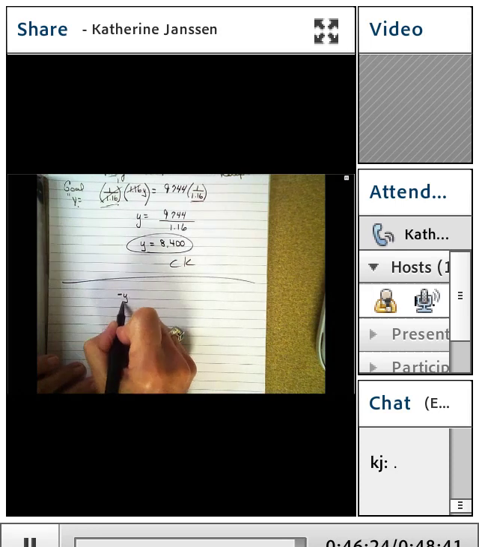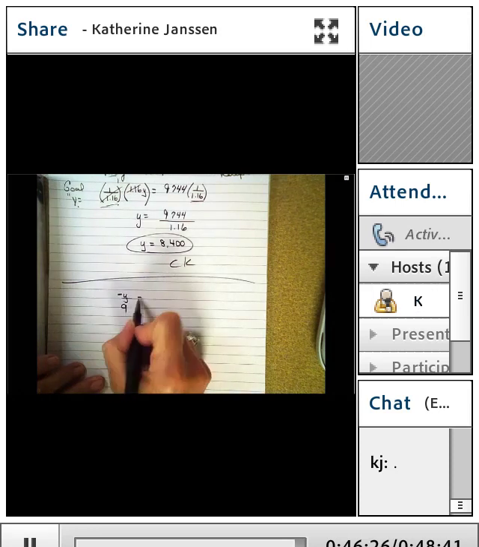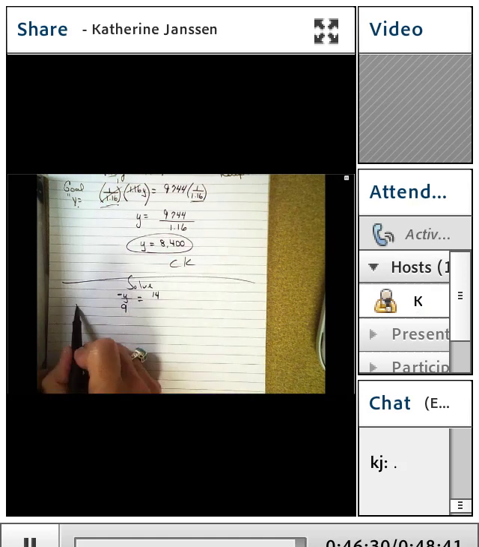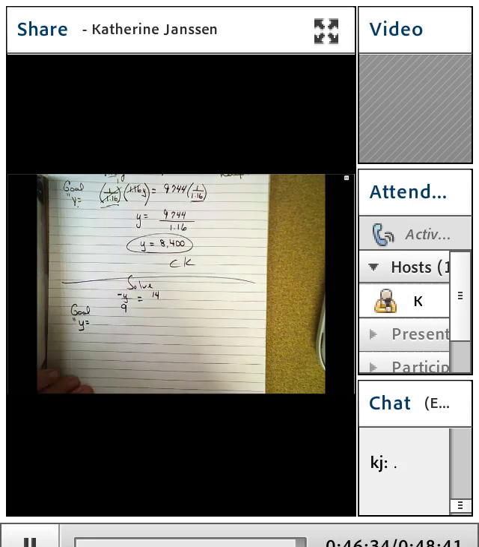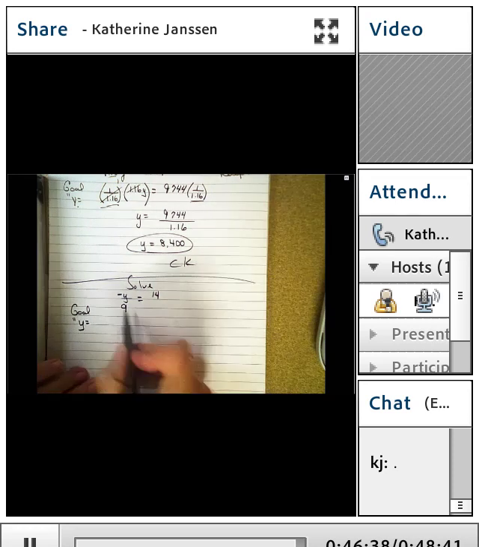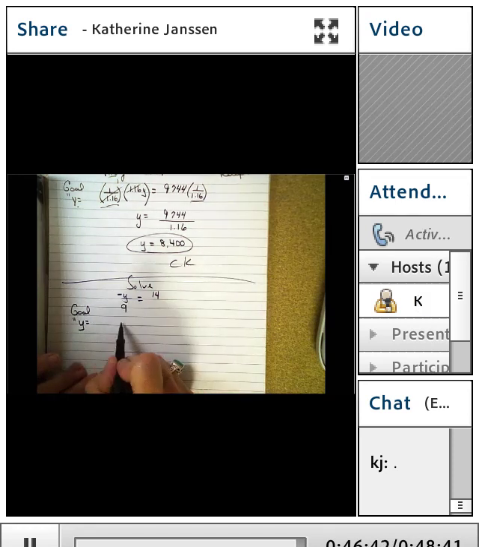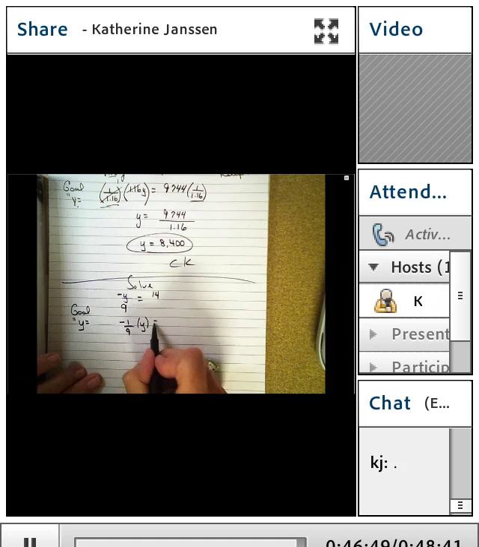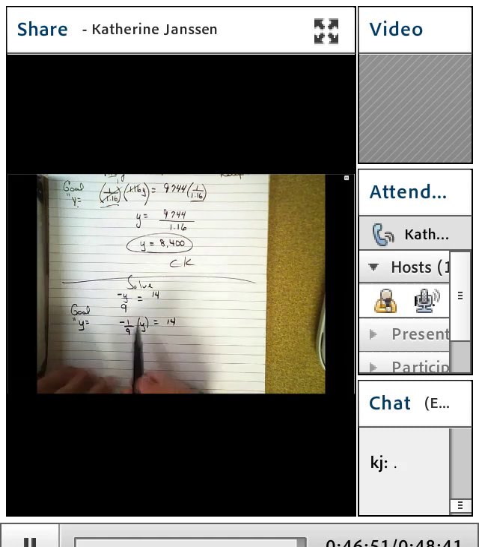Negative y over 9 equals 14. We're supposed to solve. So our goal is y equals. Well, let's just look at this a little bit. This is actually a negative 1/9 times y equals 14. So I have something times y.